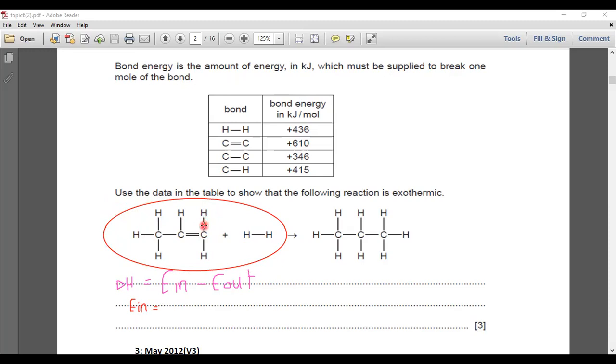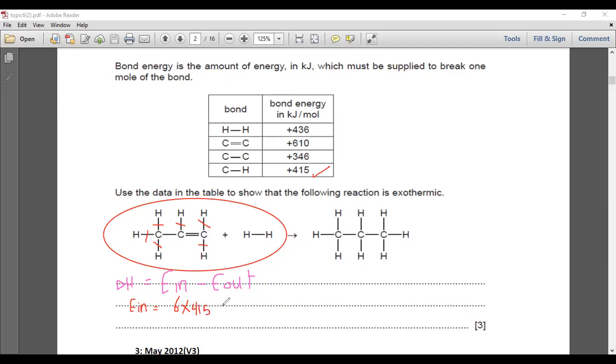Start with C bond H. How many C bond H? 1, 2, C bond H 1, C bond H 2, 3, 4, 5, 6. So 6 multiply the value of C bond H, which is 415.